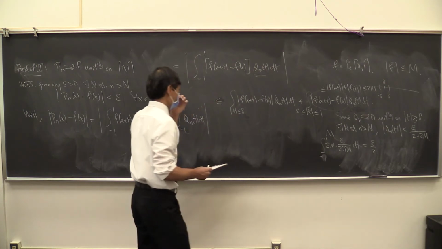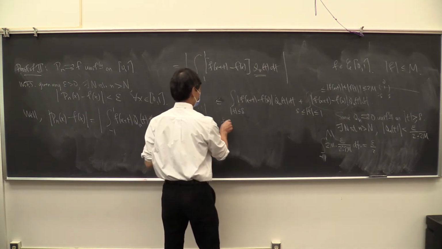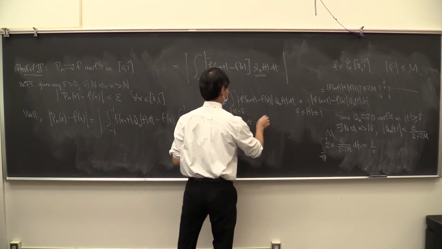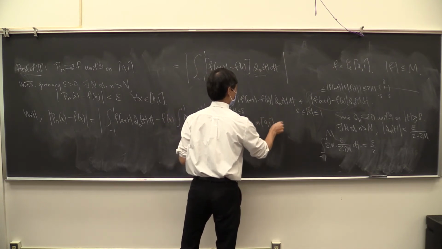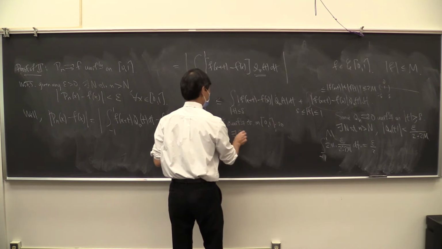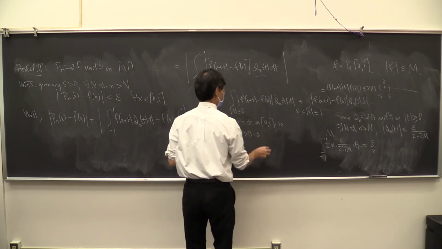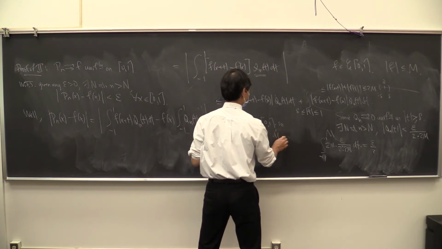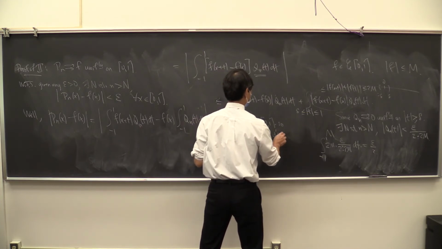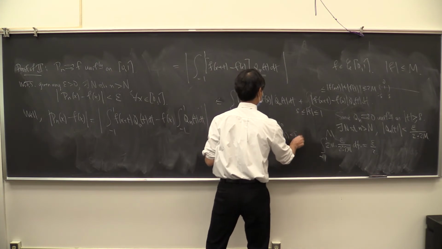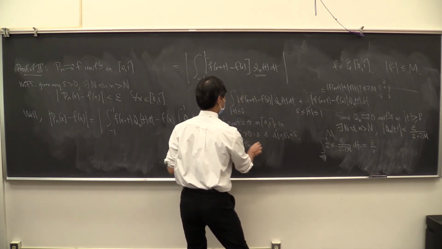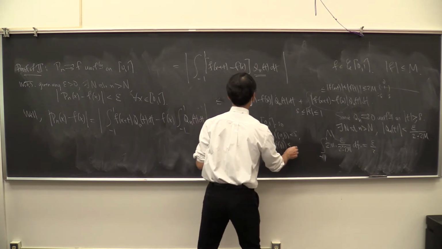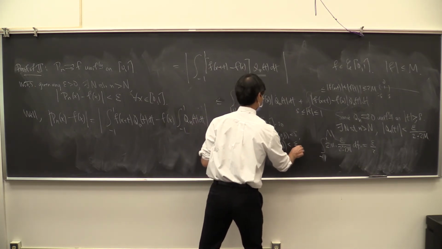Okay, so that does it for us. So f is uniformly continuous on 0, 1. So we know that there exists a delta such that if the distance between two points, A and B, is smaller than delta, then the distance between f of A and f of B is smaller than epsilon over 2.